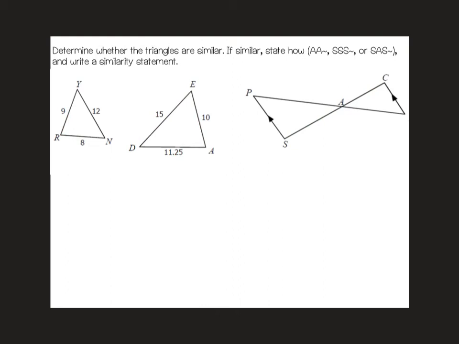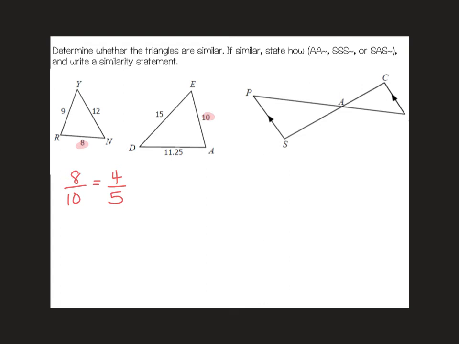On the next one, hopefully if you look, you see all 3 sides are labeled. So we're probably going to be checking side, side, side. So start with the smallest sides. 8 goes with 10. So see, that's a good example of how they're not lined up correctly. If you just started assuming that these two went together, it would mess you up.